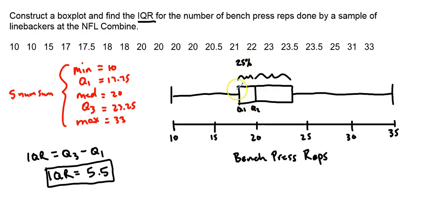Because this is closer together, it indicates that those values are closer together. So this 25% of the data is much more tightly bunched together, or much more concentrated in this area, as opposed to something like this, where there's still 25% of the data. There's still the same amount of data points, but they're a little bit more spread out.